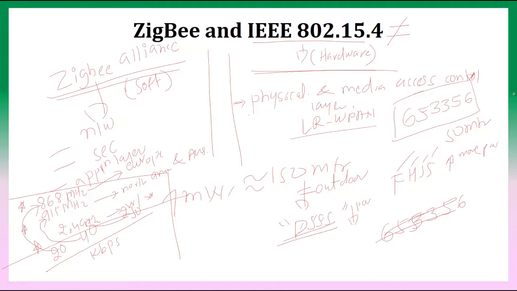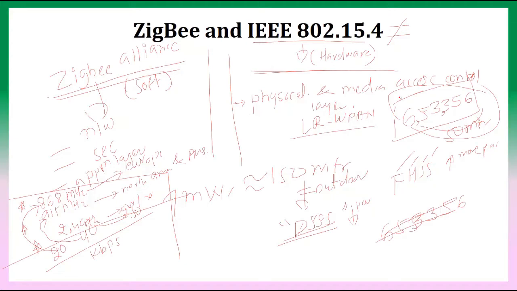From the values you could understand that a single network of 653,356 nodes with a spacing of 50 meters could be very big. Was it possible with Bluetooth? Obviously yes, but we could say not sure. But with ZigBee this is possible. So that's why ZigBee is different from your Bluetooth.